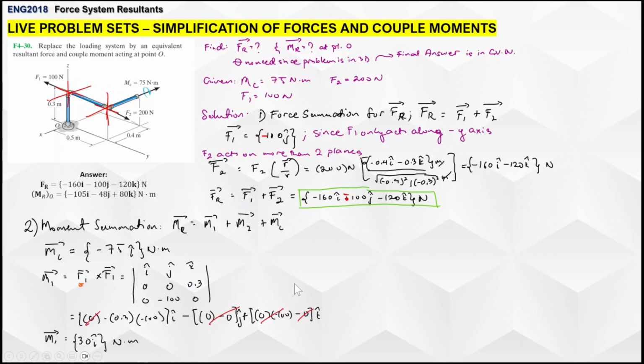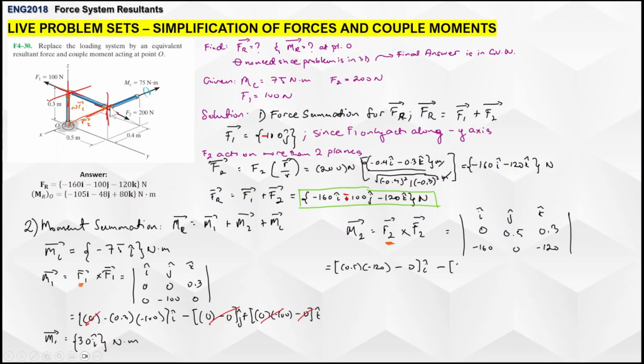M2 is going to be R2 times F2. You already have your R2 here. You already got that. So that's basically it. R2, R1. So your R2 is essentially here. This is the R2 here. So that's gonna be, doesn't have an i hat, but it has a 0.5 j hat positive and positive 0.3 k hat. That's in the negative 160, 0, minus 120.